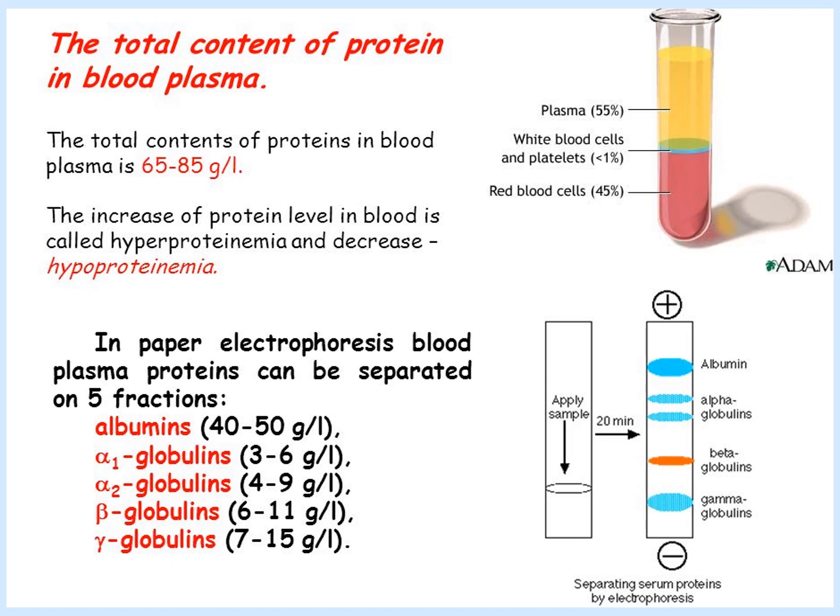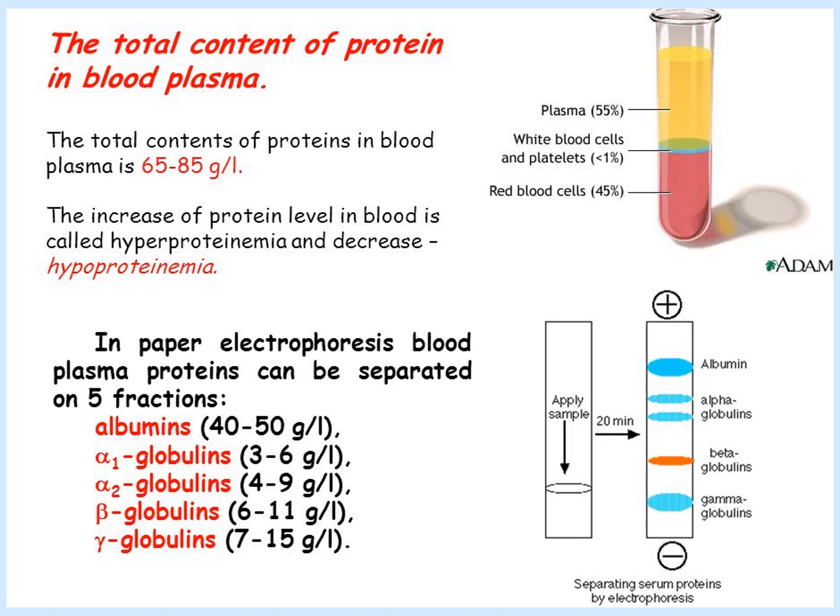I want to say again about total concentration of protein in blood plasma, because you must know this number. The total concentration of protein in blood plasma is 65 to 85 grams per liter. If concentration of blood protein is low, in this case we can say hypoproteinemia.